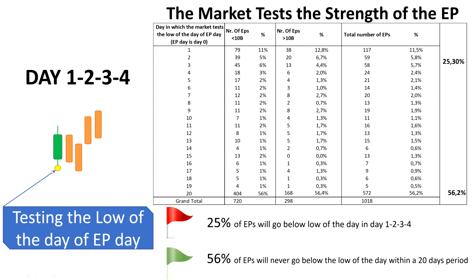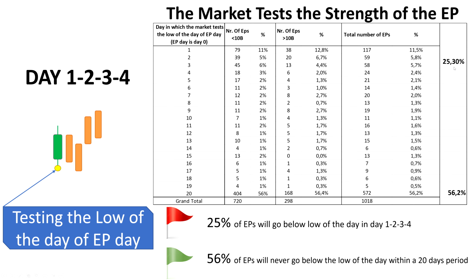Okay, the next level to study was when the stock tests the low of the day of EP day. So this is the EP day, the low of the day is here. Day 2 will be the first time the stock tests the low of the day of EP day. And what we see here is that in day 1, 2, 3, 4, this drops to 25%.